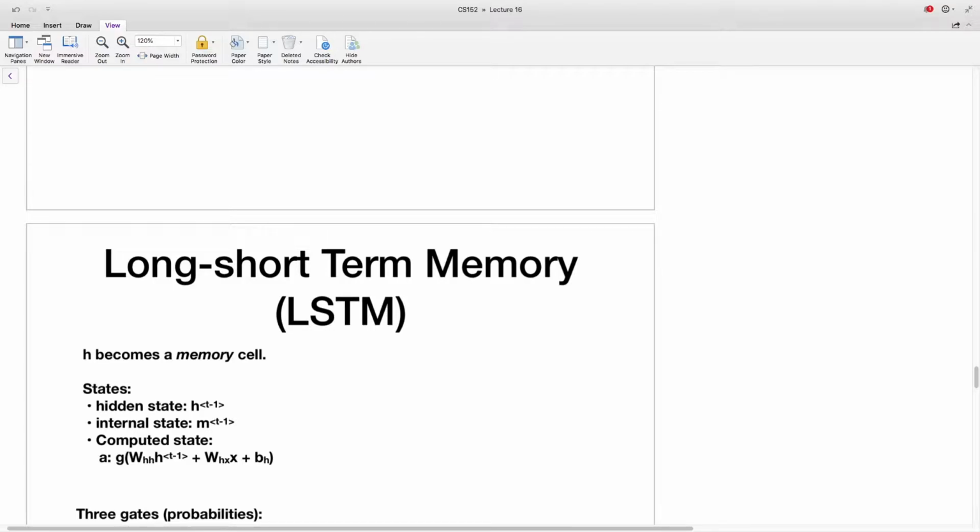An LSTM memory cell makes it easy. So we just have a memory cell and we say, at this time step when we see a masculine noun, write into the memory cell. And then you can be reading that memory cell whenever you want. And you can take an explicit action to change that memory cell.